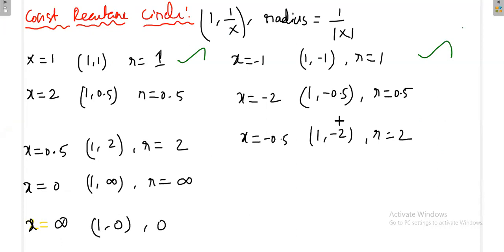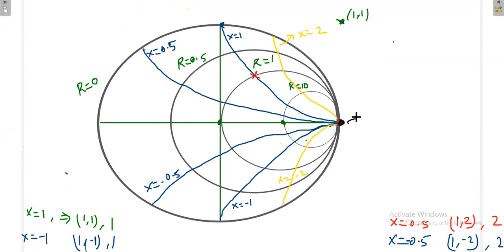And again, this is that position. So this position indicates what, sir? Very important. This position indicates R is equal to infinite and X is equal to infinite. Can I call this position an open circuit?